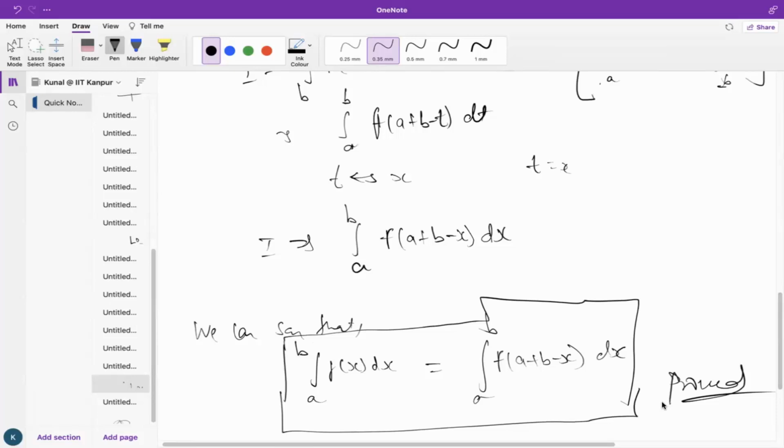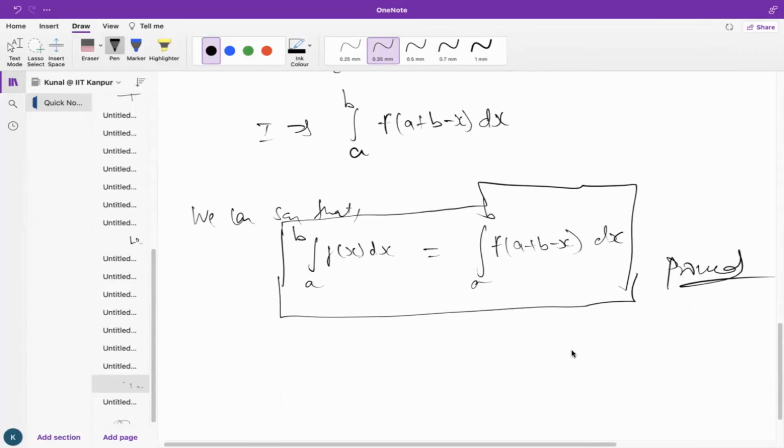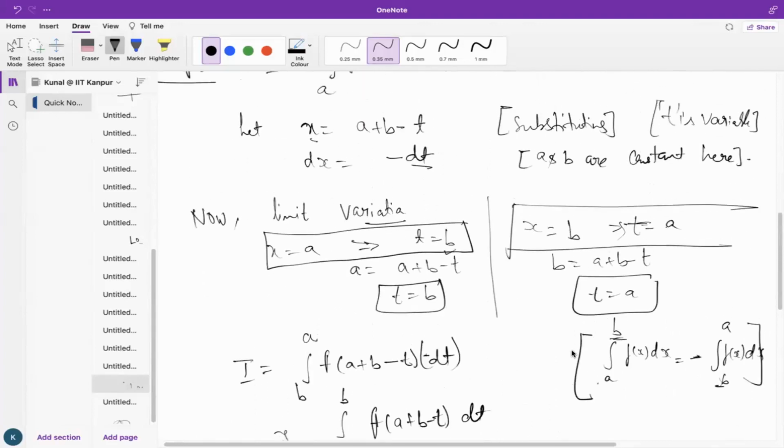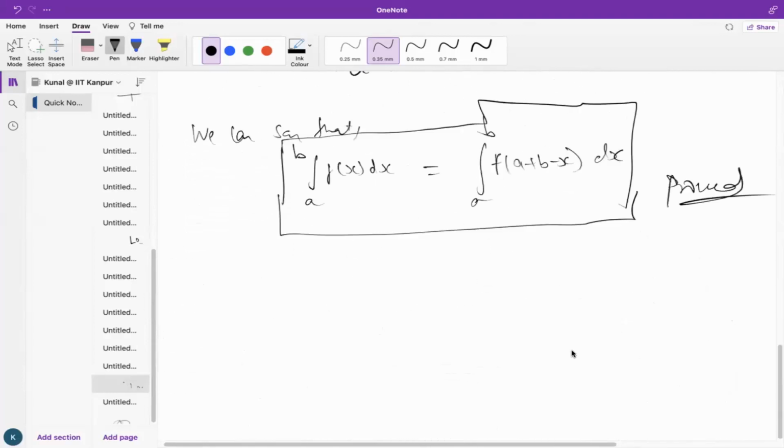So now let's move on to some problems to see how I can apply this King's rule. This is actually an important property, how to apply the King's rule in a given integrand.